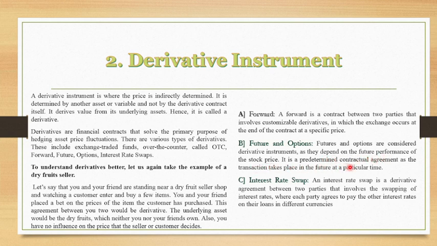It is a predetermined contractual agreement as the transaction takes place in the future at a particular time. So this is about futures and options. Interest rate swap. An interest rate swap is a derivative agreement between two parties that involves the swapping of interest rates, where each party agrees to pay the other interest on their loan in a different currency. So this is all about the interest rate swap.